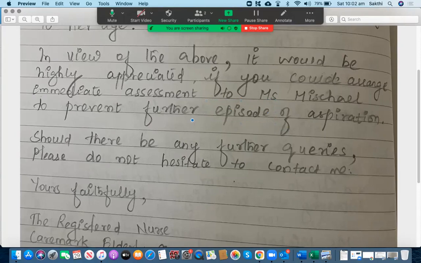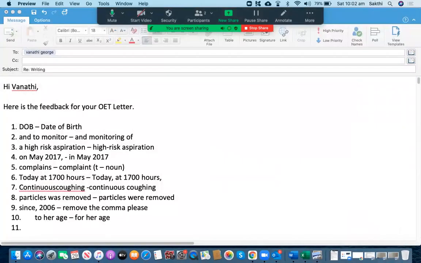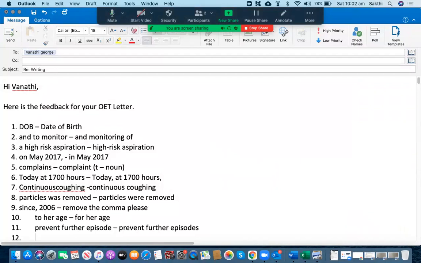If you would like to write the singular noun, you have to use 'prevent a further episode'. Otherwise, it's better to use episodes. Episodes would be much better. Instead of 'prevent further episode', you should say 'prevent further episodes'. That would be much better.